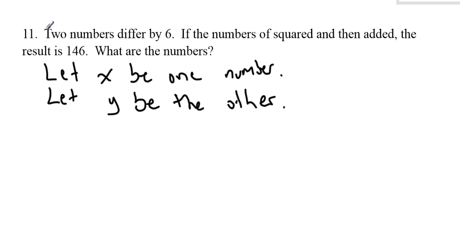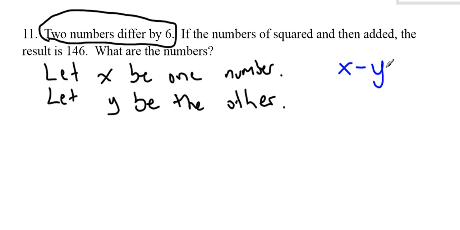Now we need to create equations. One equation is about the relationship between x and y, and here's the relationship right here. They differ by 6. There's a whole bunch of ways to say that algebraically. Here's one way, that the difference between them is 6, or I could have picked x to be smaller.